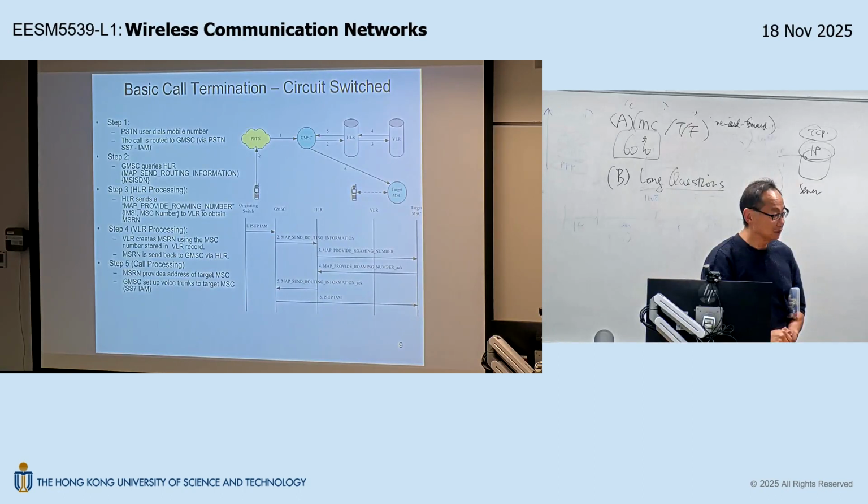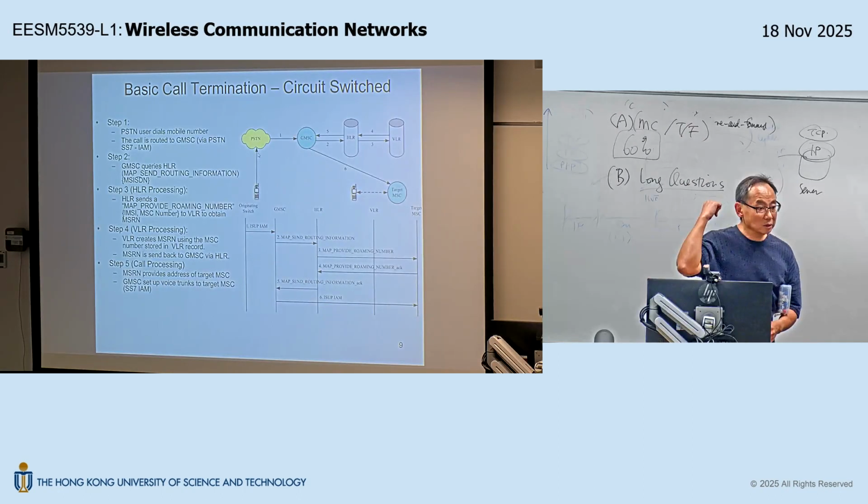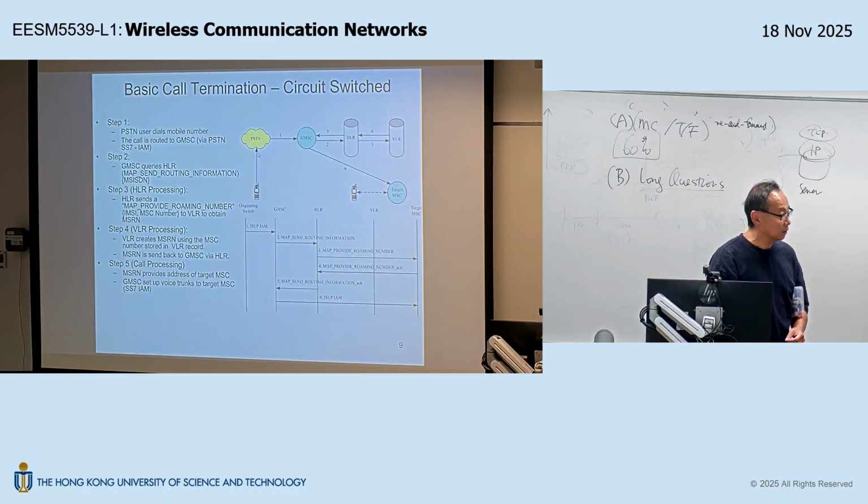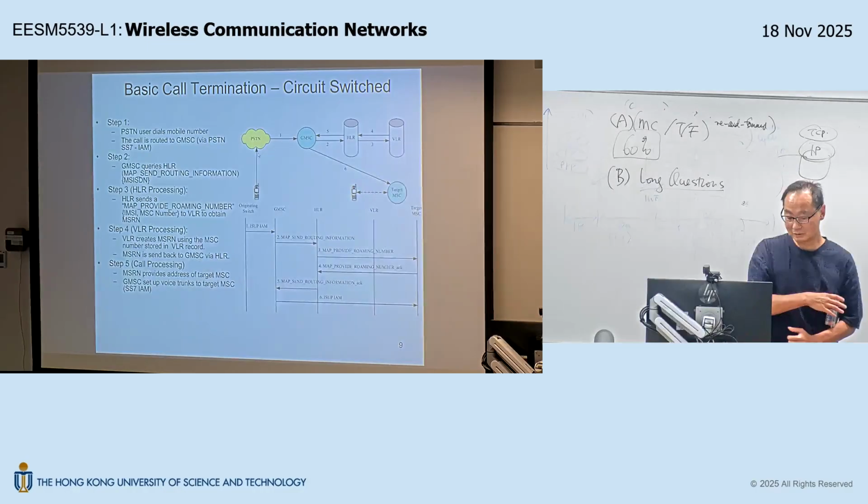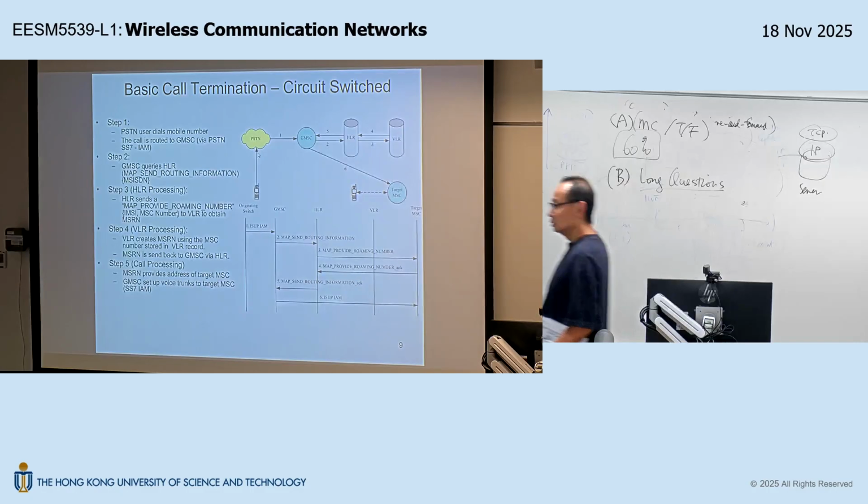Because when you random walk, every time you see a new location area, you need to do a location update. Can you see that? So that is an intimate trade-off between location update request overhead, which is an uplink overhead, versus downlink paging overhead. So there is a trade-off between these two, and the trade-off is realized by designing the location area cluster.